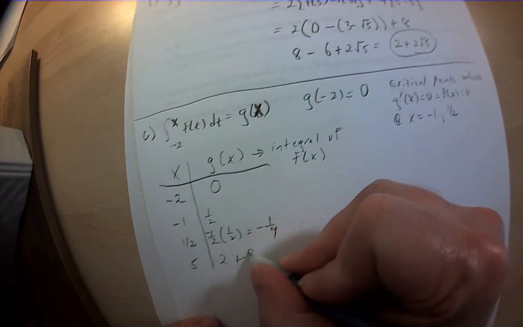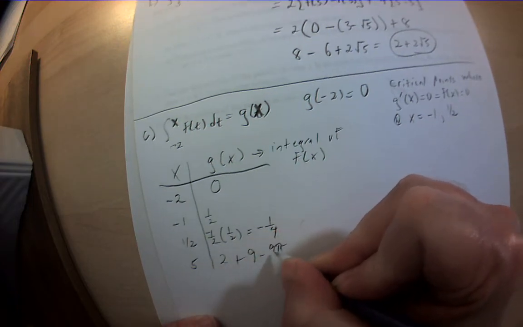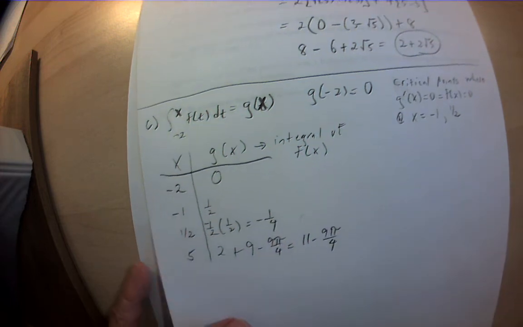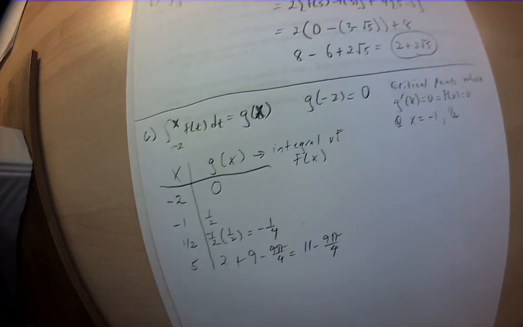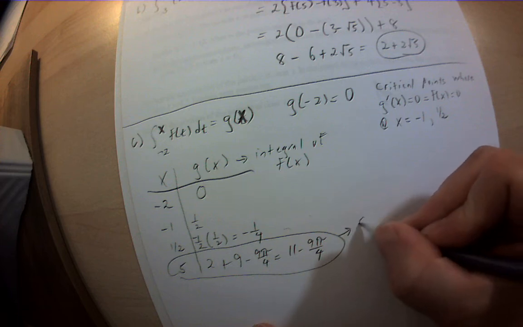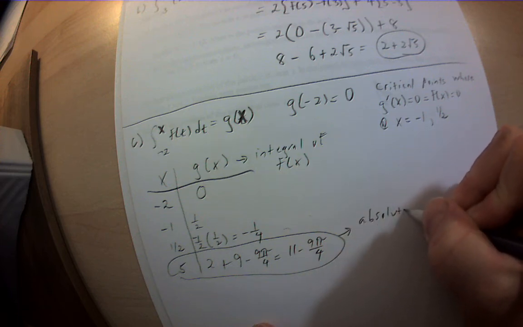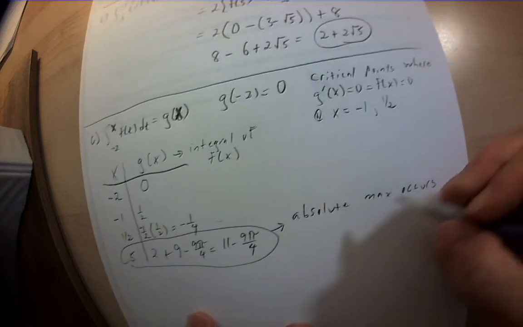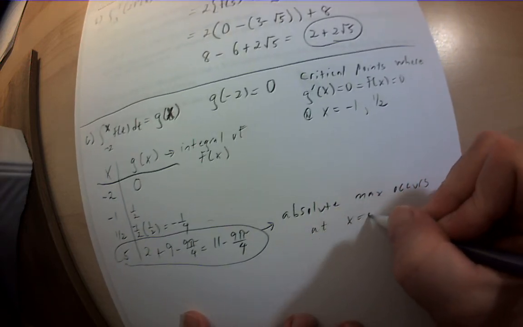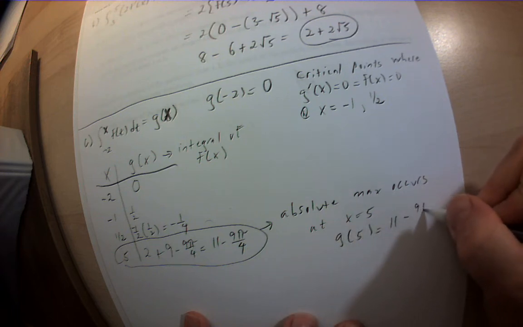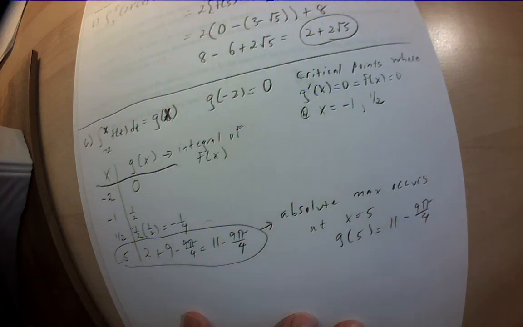Okay? So plus 9 minus 9 pi over 4. So that's 11 minus 9 pi over 4. Okay? So the absolute max occurs at x equals 5. G of 5 equals 11 minus 9 pi over 4.